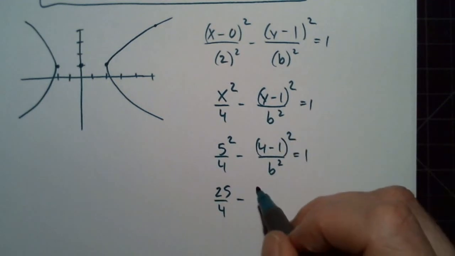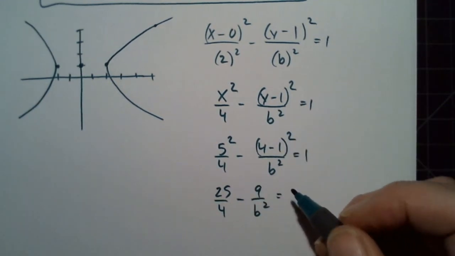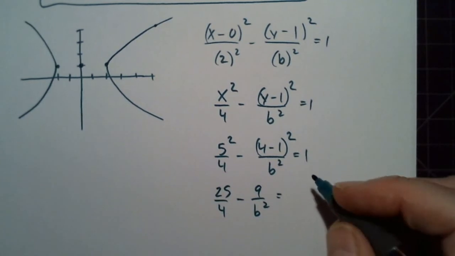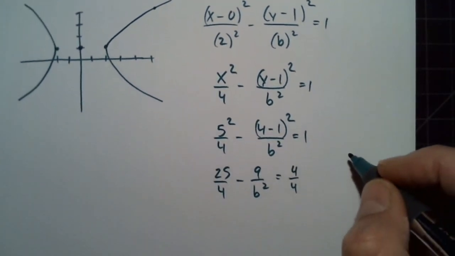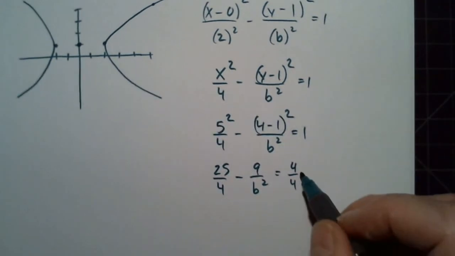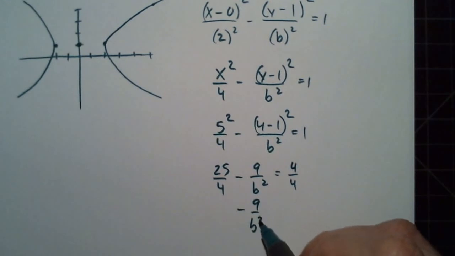This will be 3 squared. And why don't we write this as 4 over 4, so that when we subtract that, we'll get negative 21 over 4.